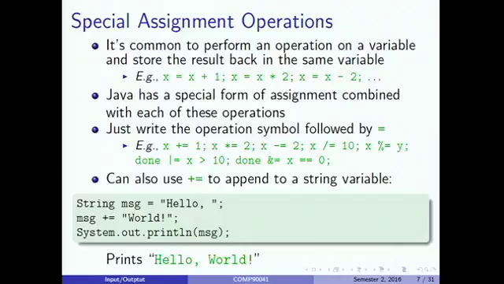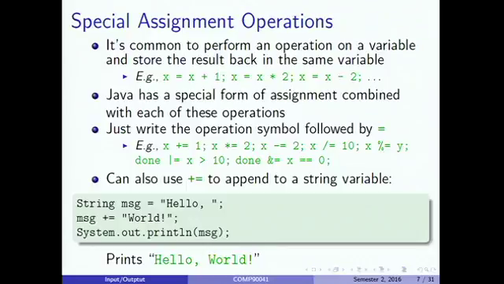So the syntax is pretty straightforward. Whatever that operation is, you take the x, throw it away, and take that operation and stick it before the equal sign. Okay? So if you want to say x equals x plus 1, instead you can just say x plus equal 1. X equals x times 2, you can write x times equals 2.